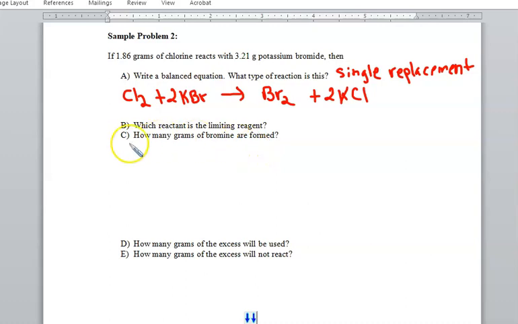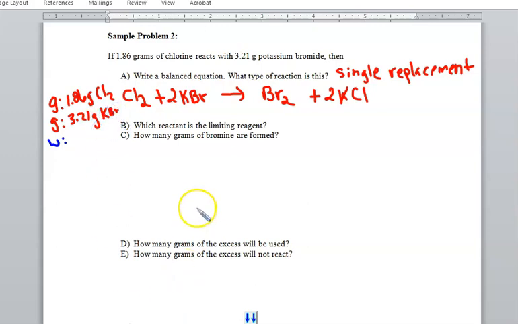All right. We're going to begin, and I'm going to put it over here so it's not taking up as much room. A given, and wanted. All right, so we have 1.86 grams of chlorine, and you have 3.21 grams of potassium bromide.